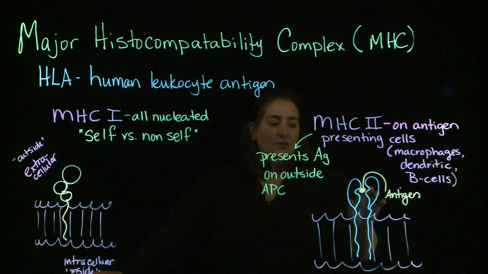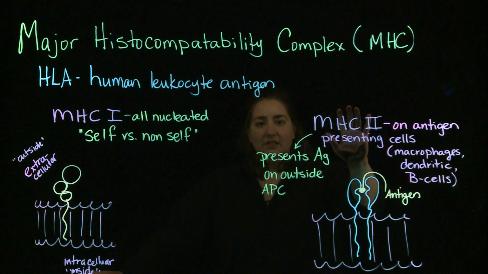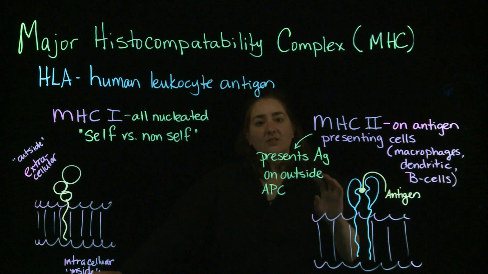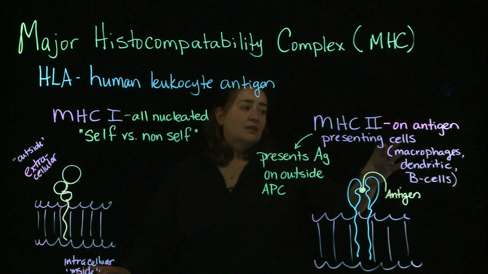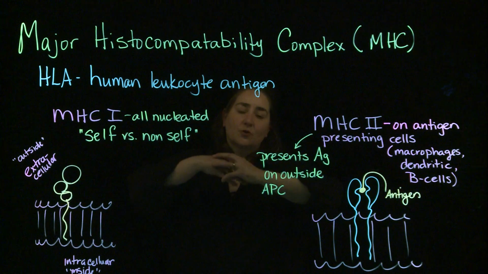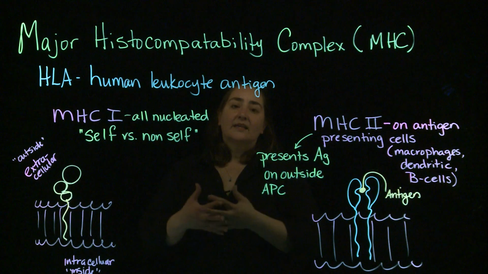So the antigen-presenting cells are going to have MHC2 on the outside of them. Essentially what happens, because the antigen-presenting cells, the macrophages, the dendritic cells, phagocytose, they engulf things.